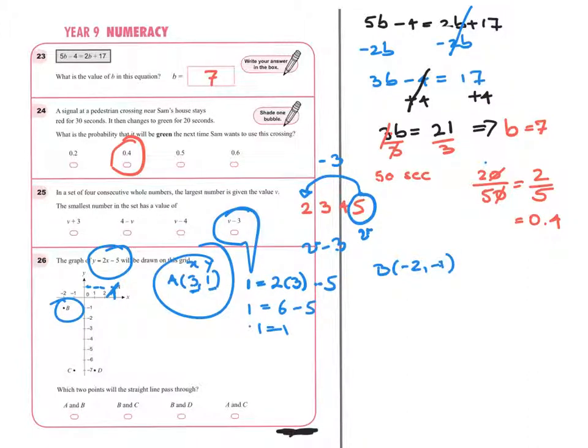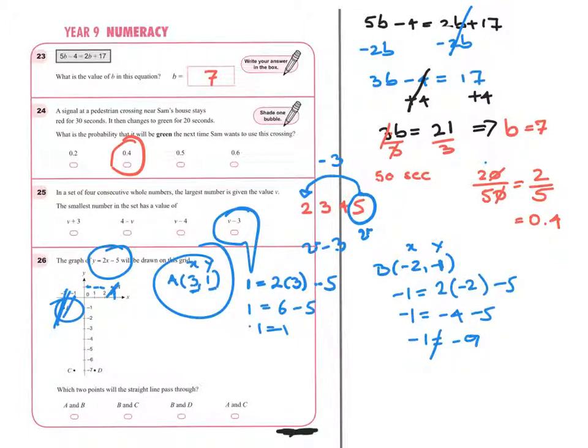Remember this is x, this is y, so for this point to lie on the line, this equation has to be correct. -1 is equal to 2 times x, x is -2, take away 5. -1 equal to 2 times -2 is -4, take away 5 is -9. No, it's not equal. So therefore, point B doesn't lie on the line.